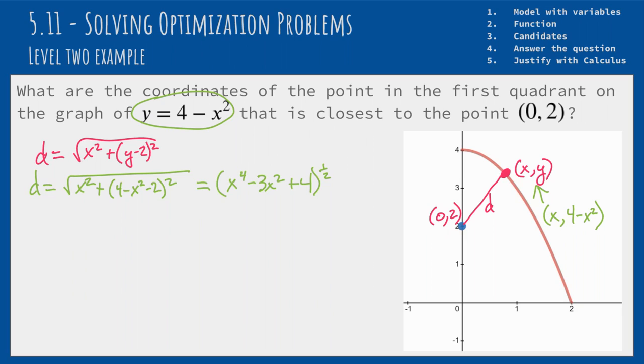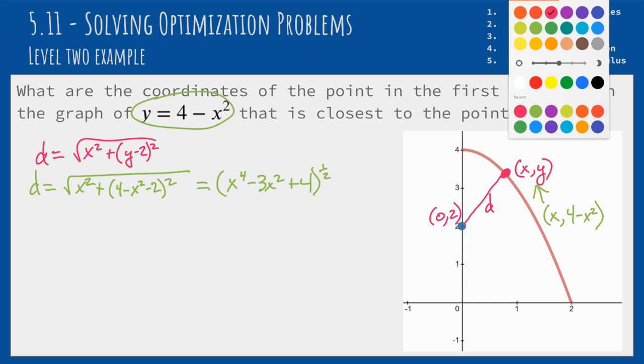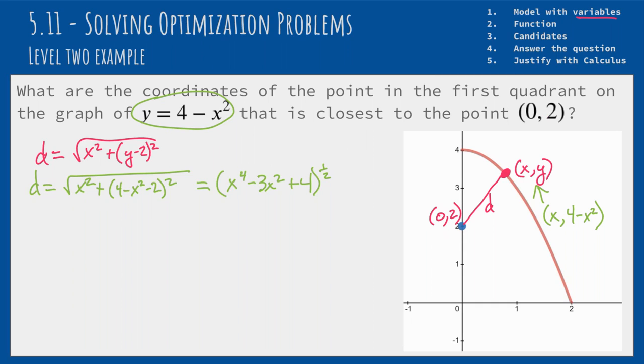So now that we've done that, I made a mistake here. I skipped a step. Back in the first step, I want to not only declare my variables, which were done for me, we have x and y, but I want to look at what the restrictions on x and y are going to be. Since we're looking in just the first quadrant, the x values are going to be in the range from 0 to 2.